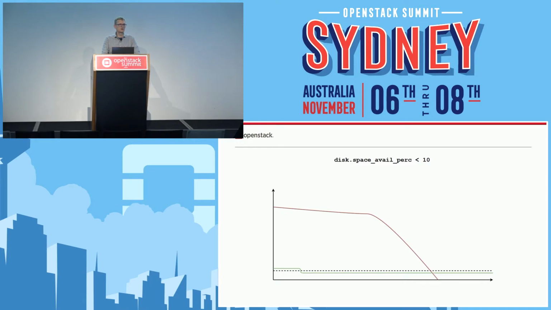Here is the use case, how you could use the aggregated metrics for alerting. On this graph, you have the time axis and available space on the disk. We have two use cases. The green line shows, traditionally, a fixed threshold, like for example 10% of the disk space, and in the first use case we just have disk usage of, let's say, 11%, and then it goes slowly down to 9%.